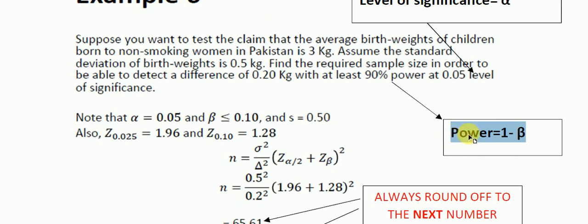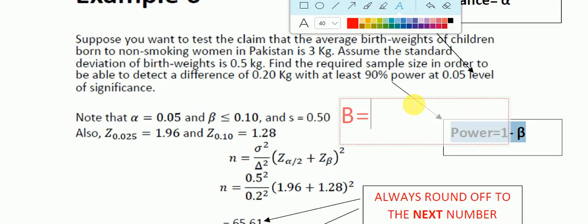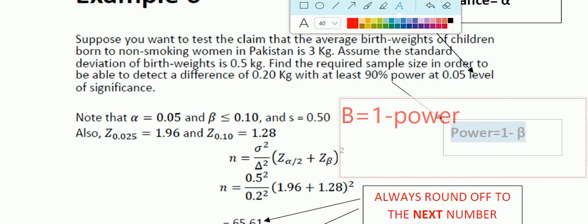Beta is equal to 1, and then we'll shift power over here, so it becomes negative. So beta is equal to 1 minus power. So if we rearrange, beta, which is the probability of type 2 error happening, is equal to 1 minus power. So this is the new formula.